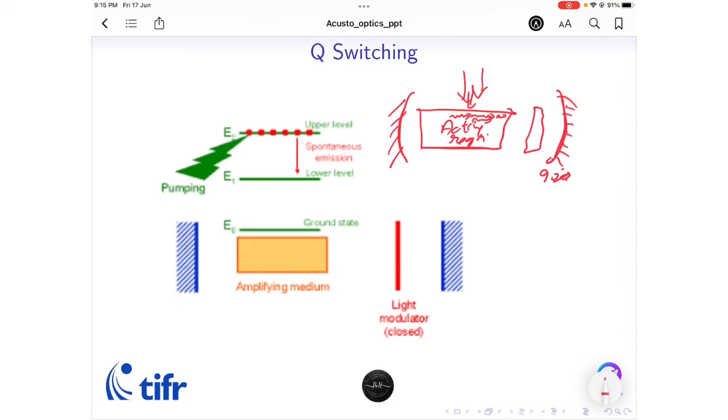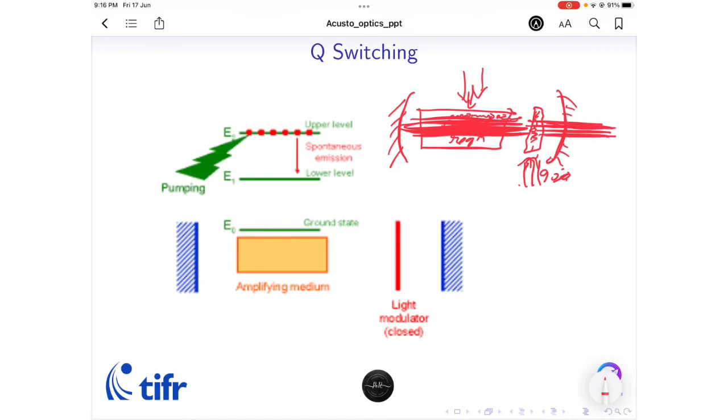Then amplification will be going on inside, but at the time we need to take out the output, we will pass an acoustic wave through this crystal, this modulator, then the light will get out of this.